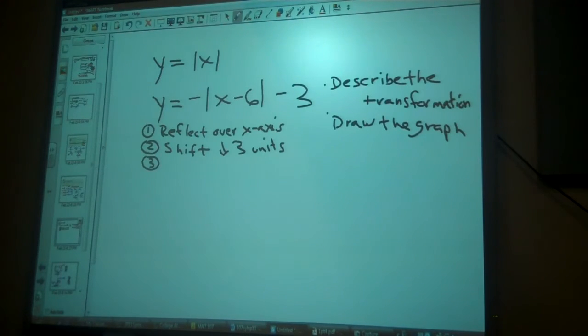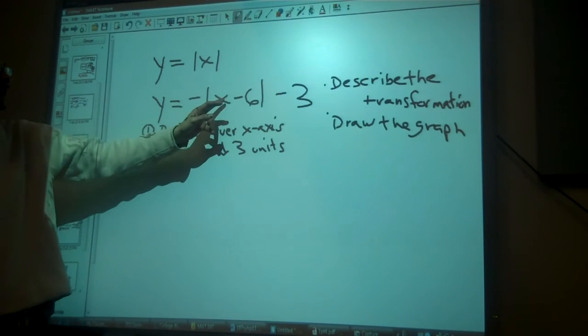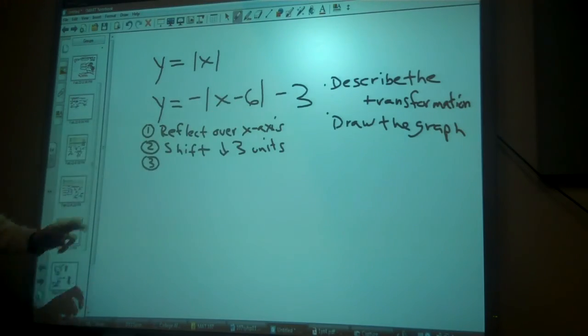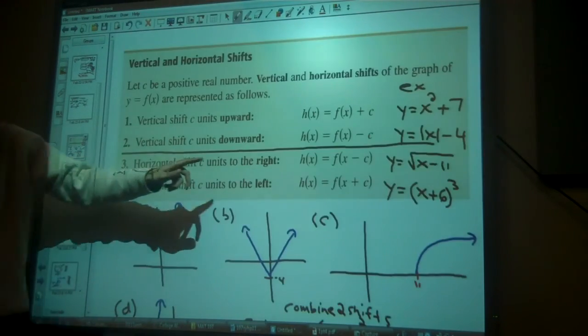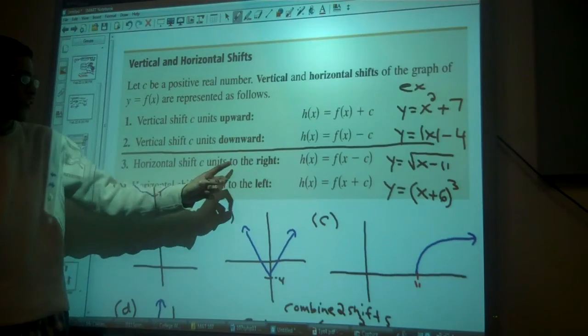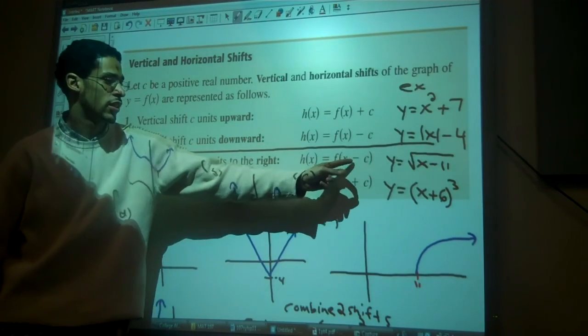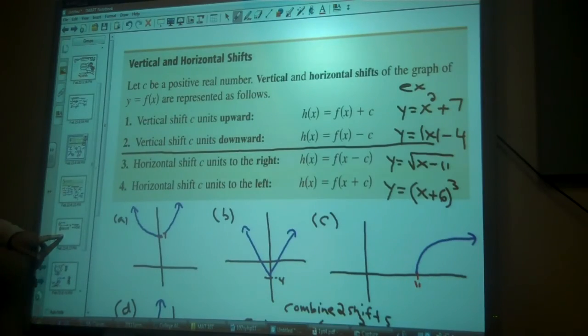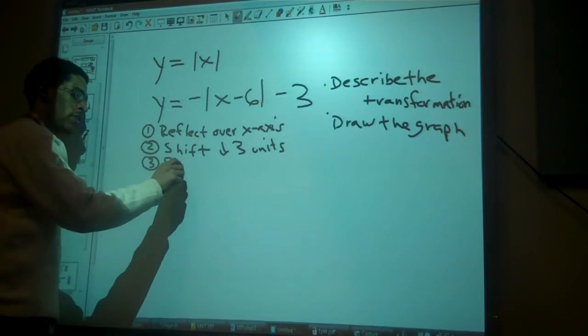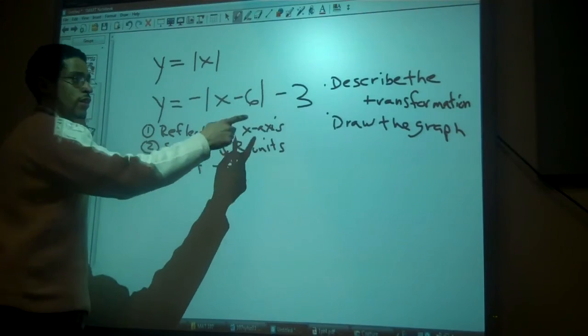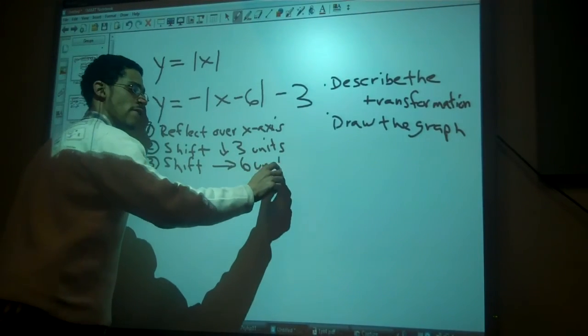We said that, well, if we're in there with the x and we take away something, that's a shift to the right when it's in there with the x. And so we need to shift to the right 6 units.